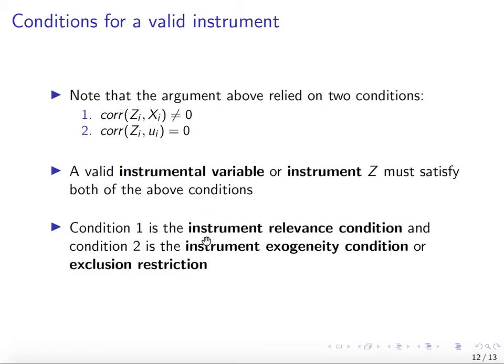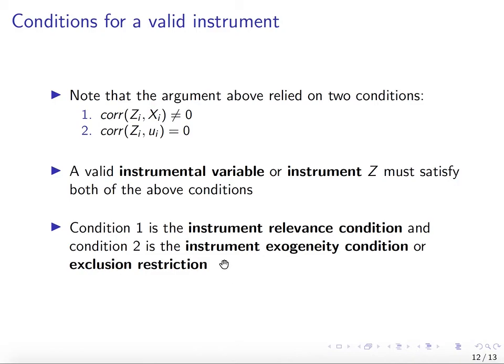If the first condition is true, that is, if you find an actual relationship between rainfall and yields, then you can go to the second condition, which is called the exogeneity condition or the exclusion restriction. What does the exclusion restriction say? It says mathematically that Zi should be uncorrelated with Ui.